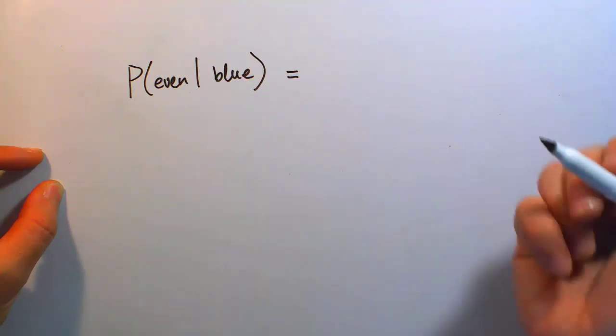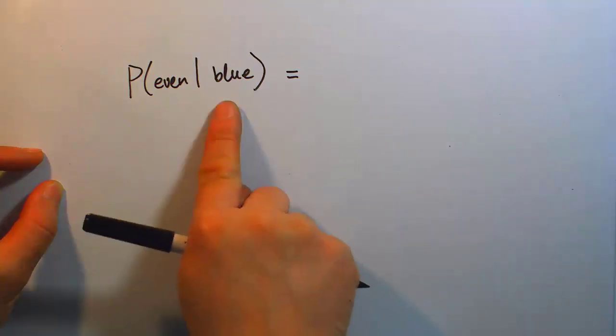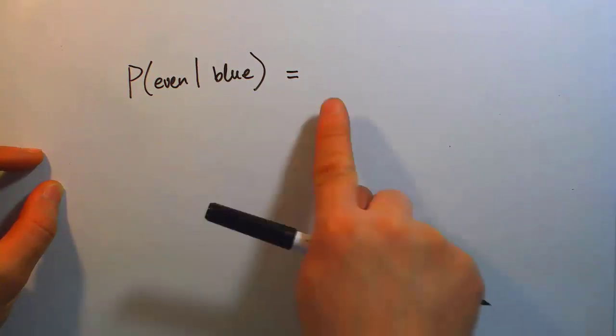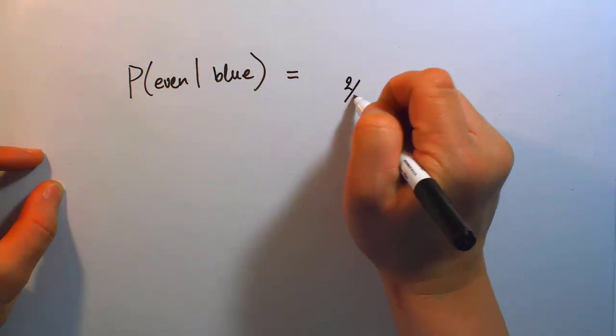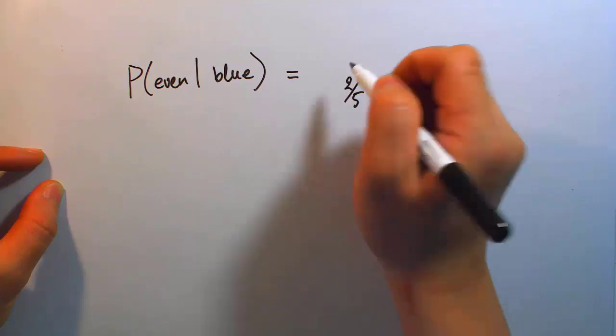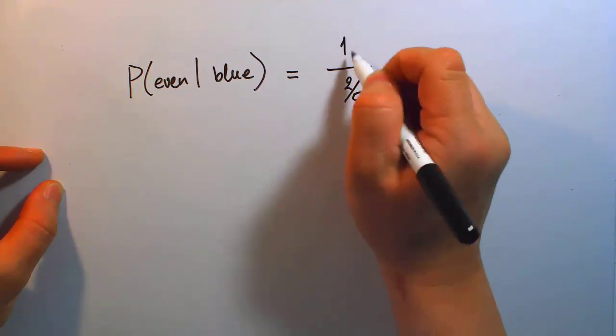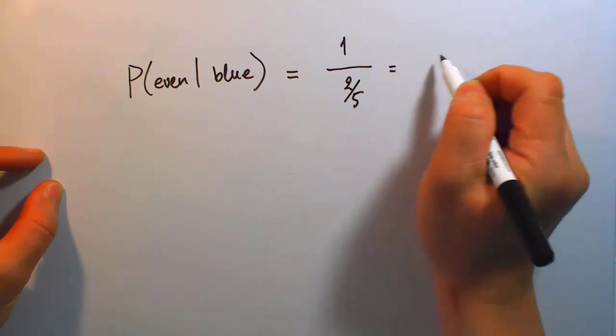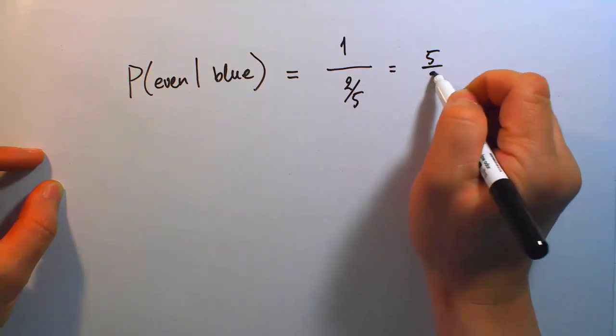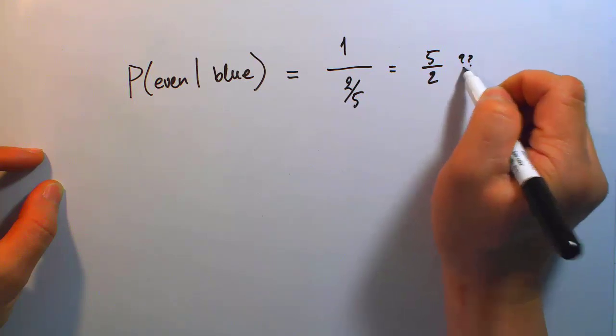Some of my students in the past quarter rashly take this 2 over 5, but put it in the denominator, so 1 over 2 over 5, and they get an answer of 5 over 2. So you can double check for yourself if this kind of answer is correct or not.